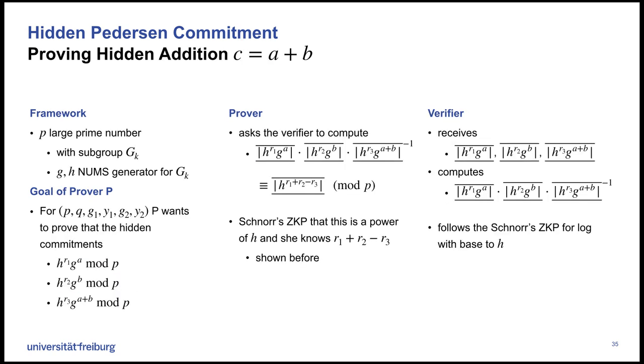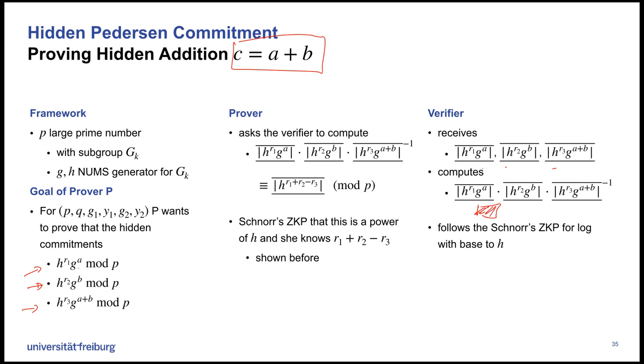We can also prove that it's an addition. This is easy. So what we do is we have these 3 hidden statements here, and we prove that A plus B is A plus B. Yeah, that's what we want to prove. These are the commitments. So here again, we can do the same trick. We say, okay, you already have these 3 commitments. Now please multiply the first 2 and divide it by the third one. He does it, and the result is that he gets a new number.